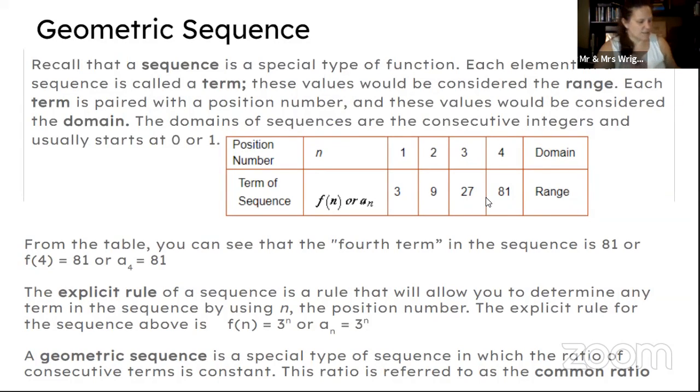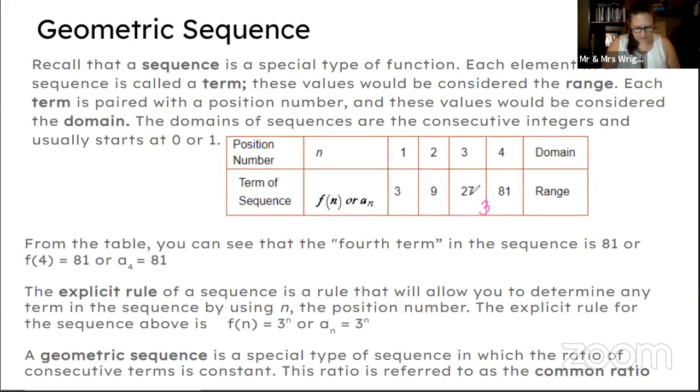So if we take 81 divided by 27, we get 3. So let me go ahead and write 3 here in between the 27 and 81.